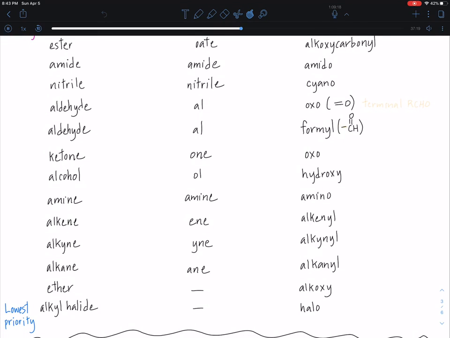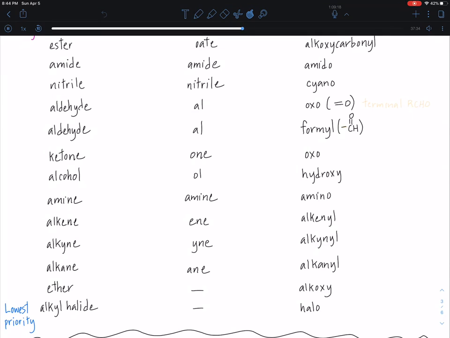We have 2 different possibilities for an aldehyde, and that's going to be next. Notice how aldehyde takes priority over ketone. So if you've got a molecule that's got a ketone functionality and aldehyde functionality, it's going to be named for the aldehyde.